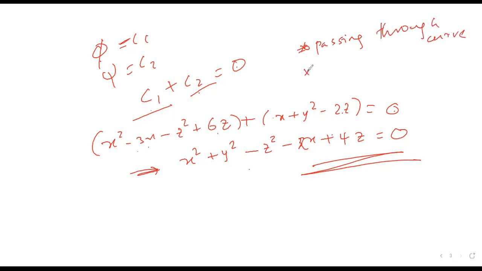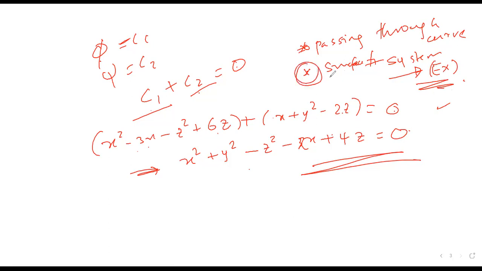But what if the surface is orthogonal to the system? There is a method. So this is your exercise. You can search in the books or everywhere. Nothing big, just the same process, but there are some extra steps. So you can check this one.